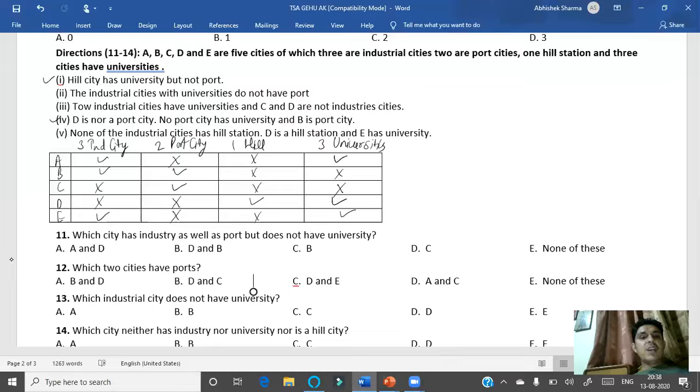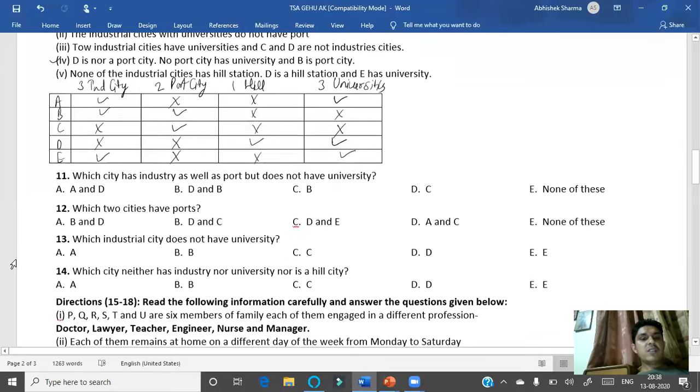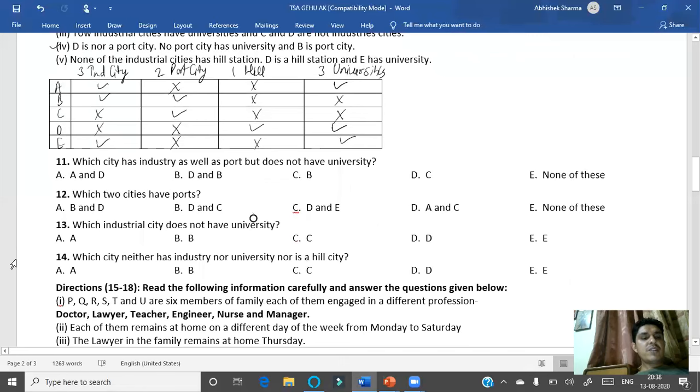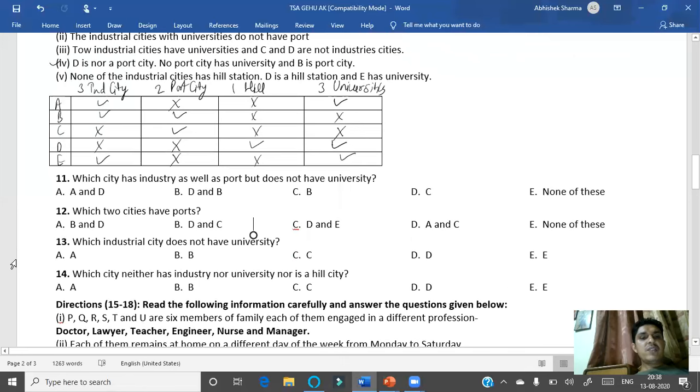Once we are done with the arrangement of the table, we can give the answers to the questions. Question 11: which city has industry as well as port, but not university? Obviously the answer will be B.